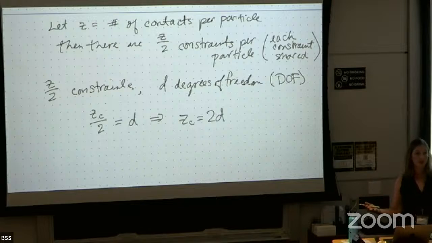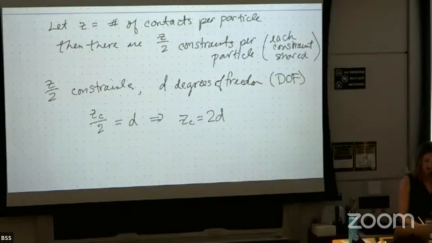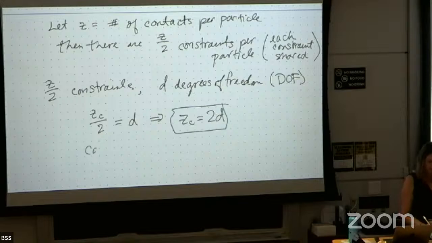It tells you how the number of constraints I need scales with the dimension for a system like this. Okay, great. This is called isostaticity. That z_c is the isostatic point. It is also called constraint counting.